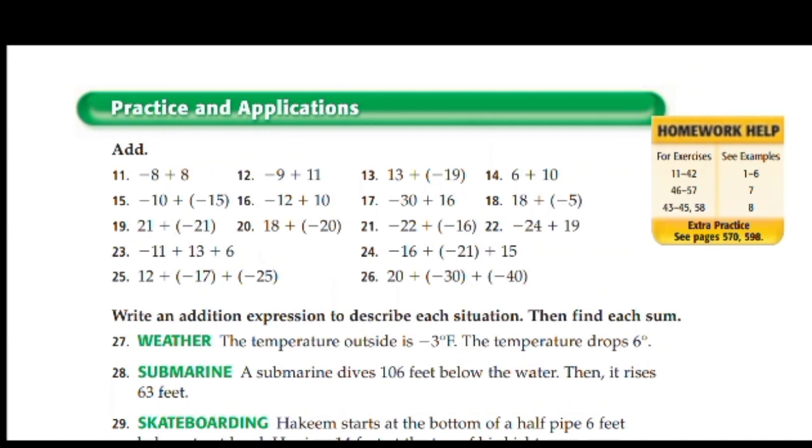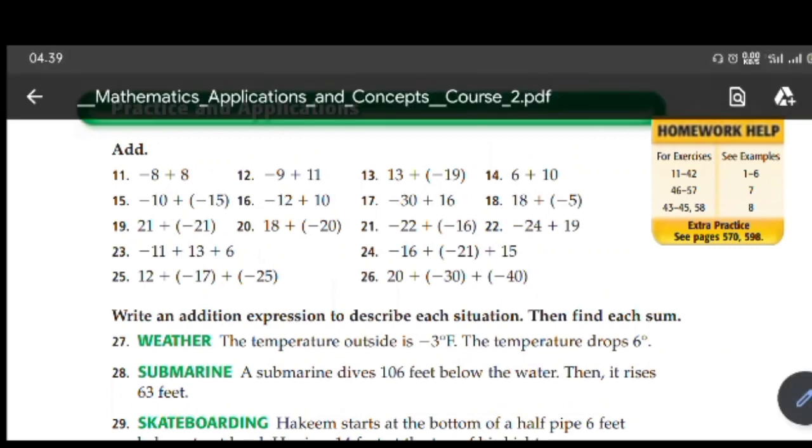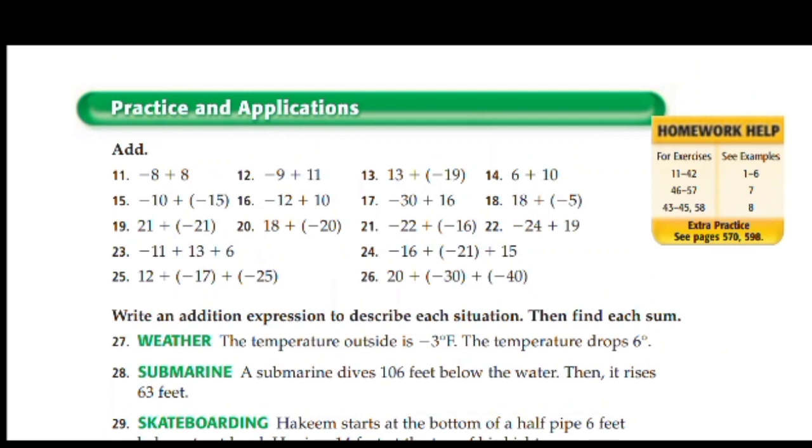Minus 30 plus 16. 18. 18 plus minus 5. 19. 21 plus minus 21. 20. 18 plus minus 20. 21. Minus 22 plus minus 20. 22. Minus 24 plus 19. 23. Minus 11 plus 13 plus 6.